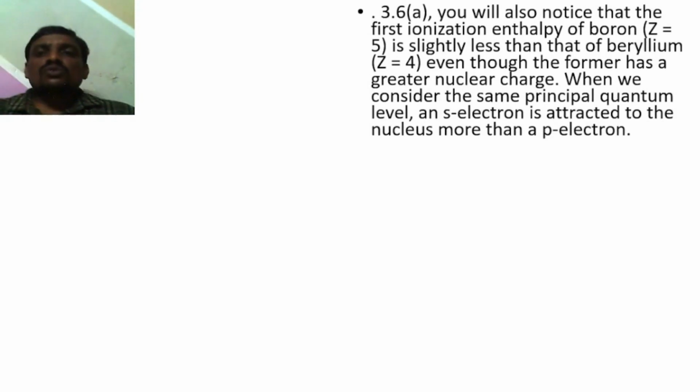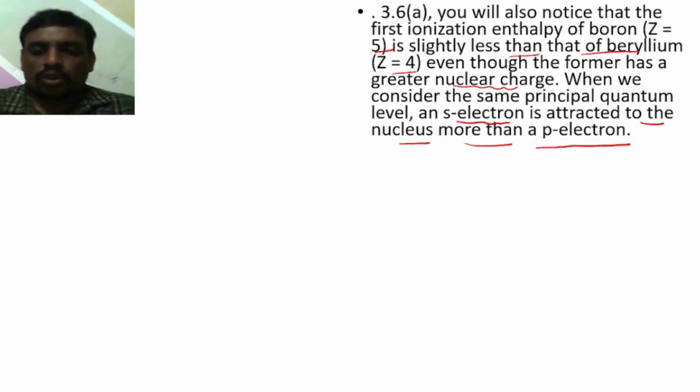You will also notice that the first ionization enthalpy of boron, Z equal to 5, is slightly less than that of beryllium, Z equal to 4. Why? Even though boron has a greater nuclear charge, within the same principal quantum number level an s electron is attracted to the nucleus more than a p electron.